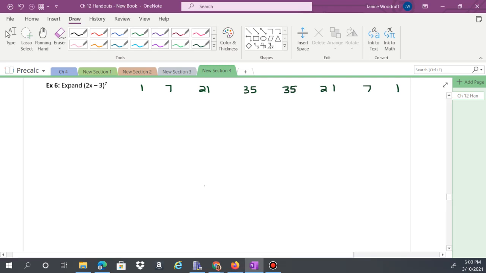So then what I want you to do is take each of your terms, and we're going to write those out. You've got the 1, and then you're going to have your x term, which is 2x, and then your second term, which is -3. Just leave it there for right now. Then you have 7, and you have 2x, -3. So we're just taking each term and writing it with our coefficients in front. And you have 21, you've got your 2x, your first term, -3, your second term.